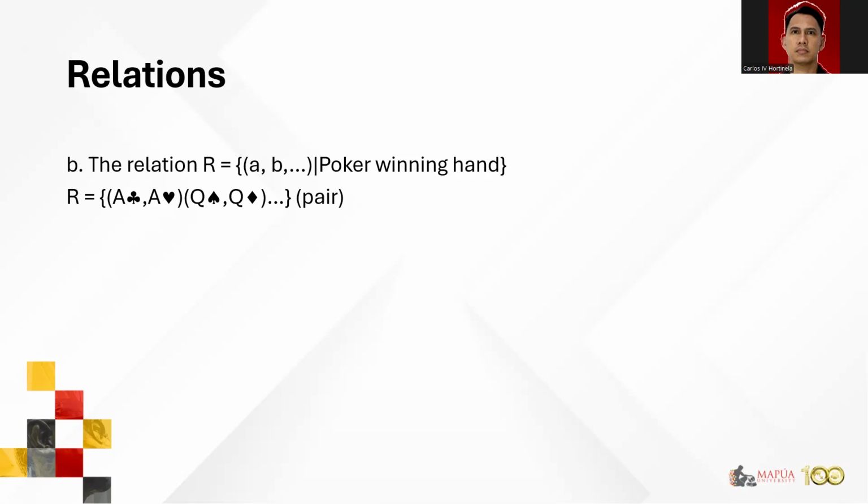For example, Ace of Clubs, Ace of Hearts, Ace of Diamonds, Ace of Spades, Queen of Spades, Queen of Diamonds. As long as they have the same value, you can pair them up together, and that's considered as a winning hand.